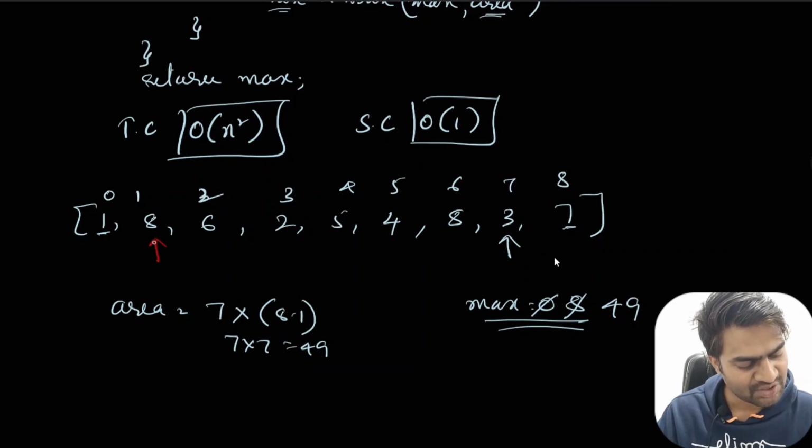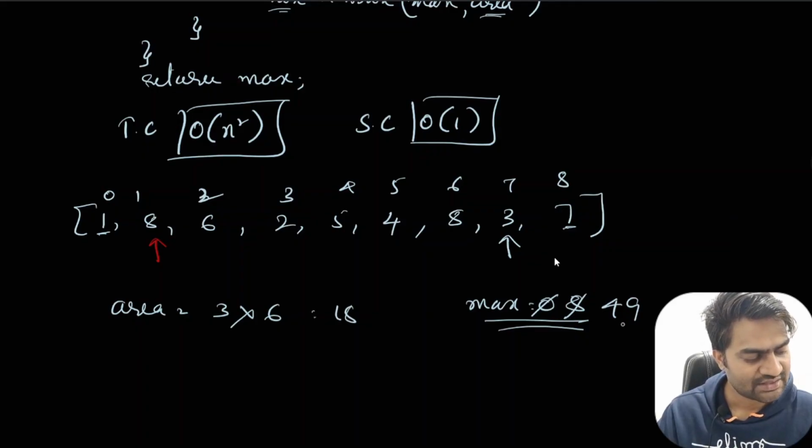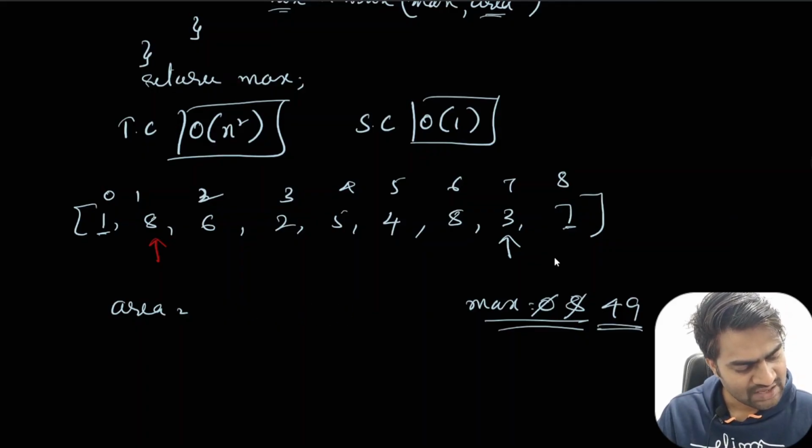Now between 8 and 3, 3 is smaller. I will take 3, and the distance between them is 7 minus 1, which is 6. 6 3s are 18, which is less than 49, so I don't update. 3 is smaller, so I will decrement the right pointer.